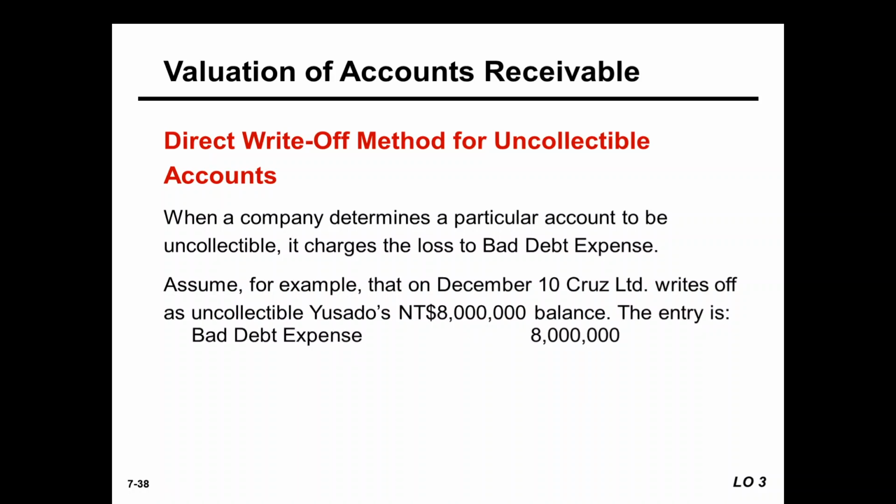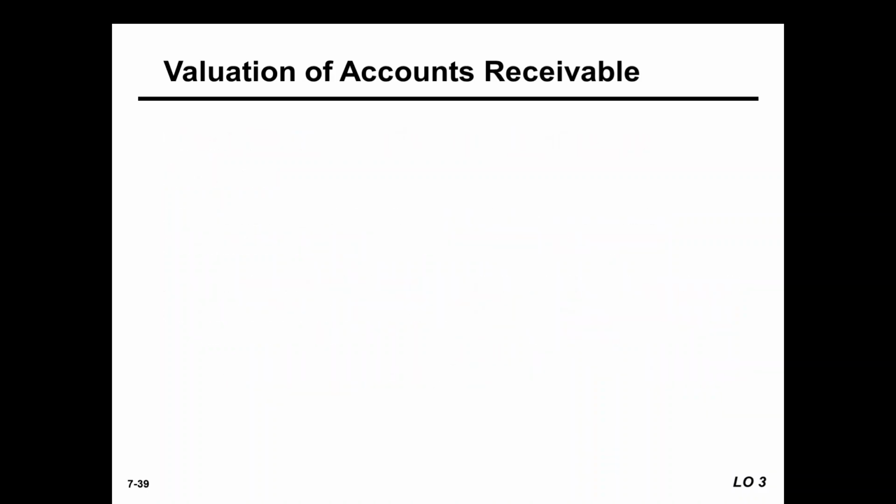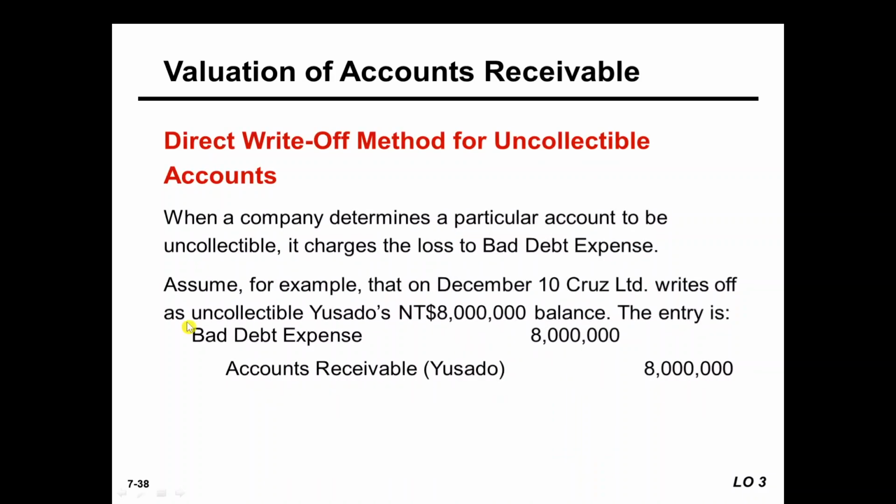So the entry will be bad debt expenses and account receivable of USADO. You look here: expenses is recorded. Expenses is debited as much as 8 million, and then account receivable is credited as much as 8 million.